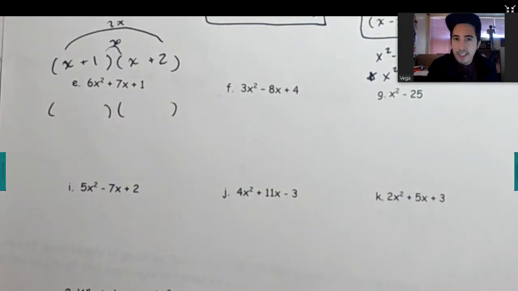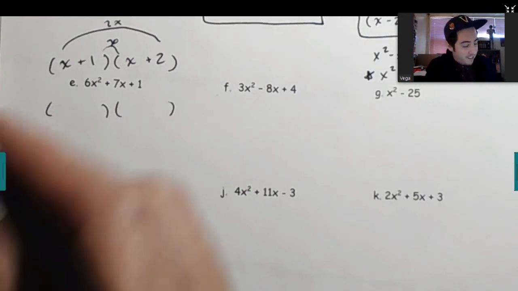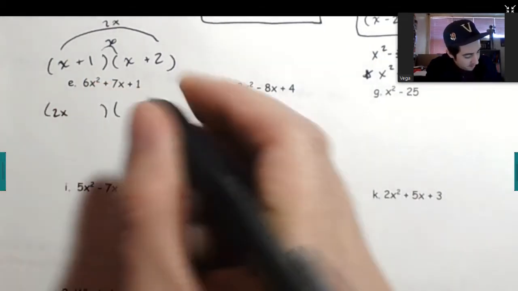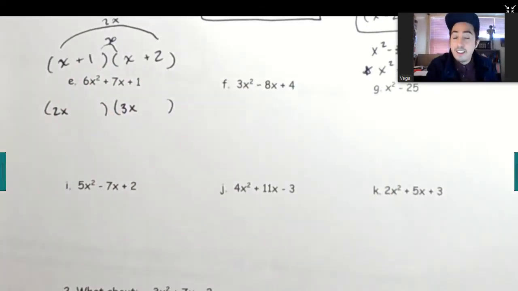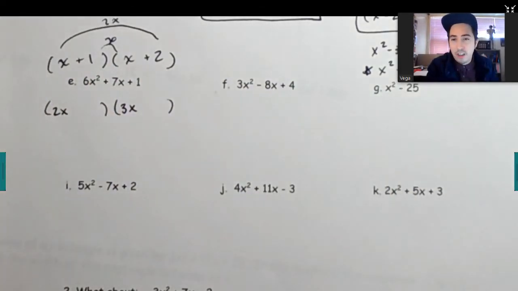Well, there are two ways: 6x times x or 2x times 3x. I don't know how to do it, so let's go with our gut. I'm going to go with 2x and 3x. You're going to check in a sec, but we're going to start there.